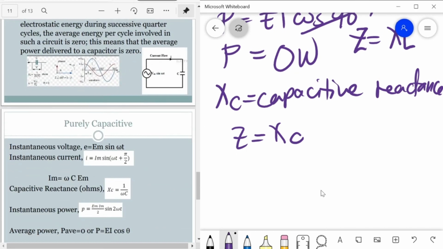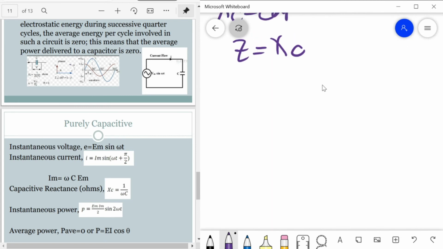The phasor diagram of a purely capacitive reactance shows the current leads the voltage by exactly 90 degrees. Earlier, the current was 90 degrees below because it was inductive; now the current leads by 90 degrees with respect to our reference voltage.